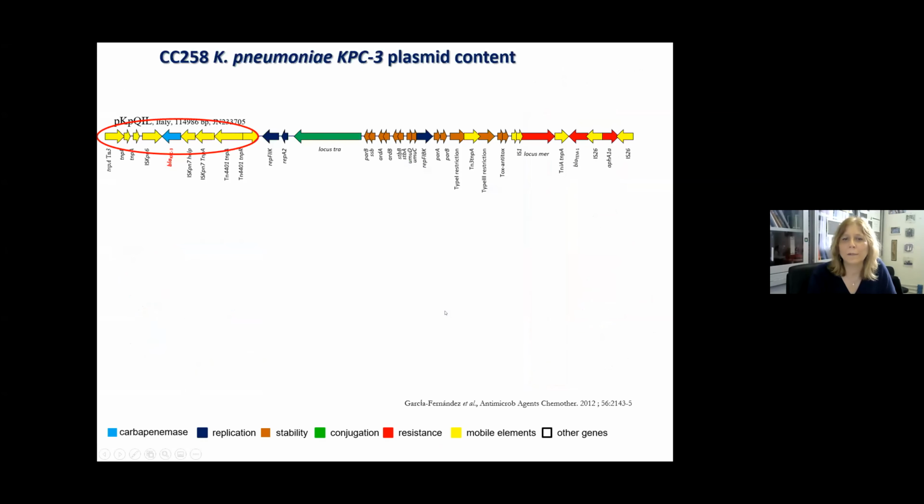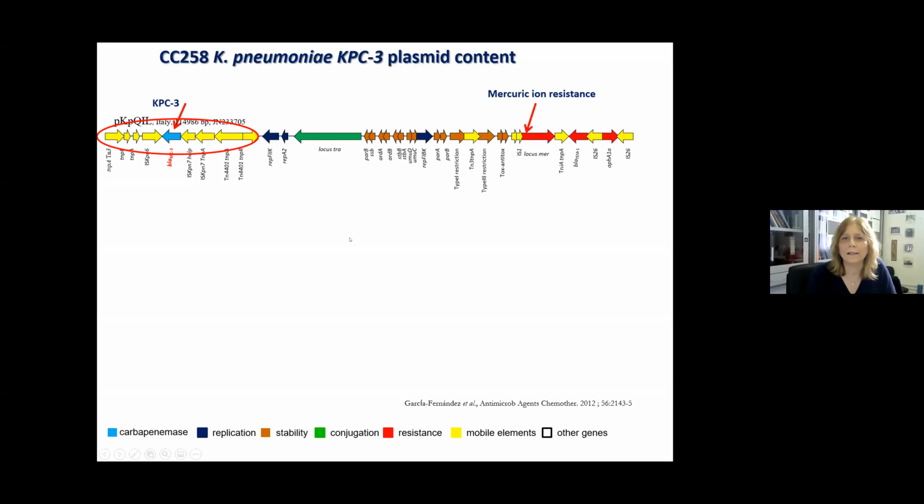We contributed by completing the sequence of the plasmids carrying KPC. The plasmid was more than 110 kilobases, and the KPC gene was here in a transposon. The plasmid was an IncFIA plasmid with two replicons and the classic mercuric locus, and no other relevant resistance genes on it, except the carbapenemase.